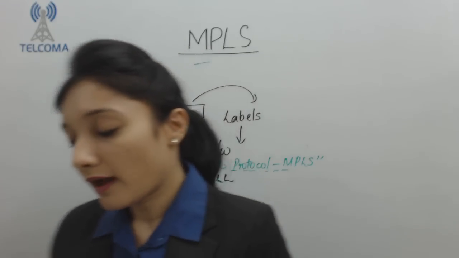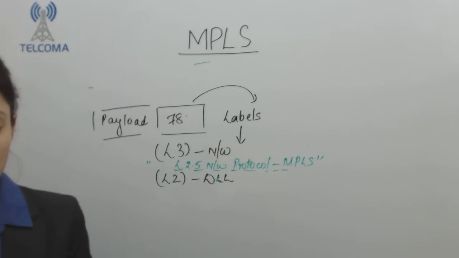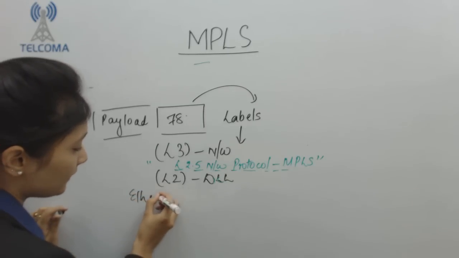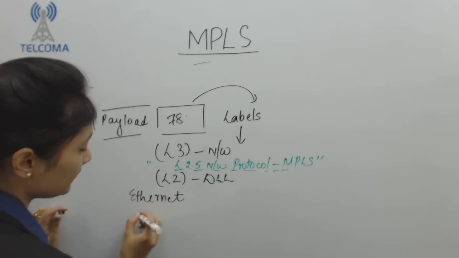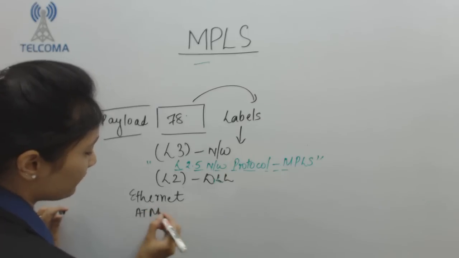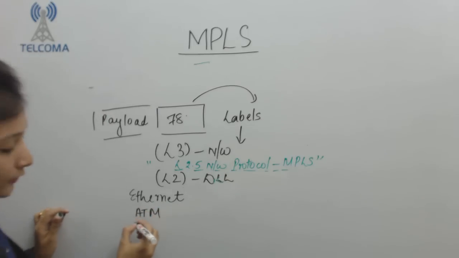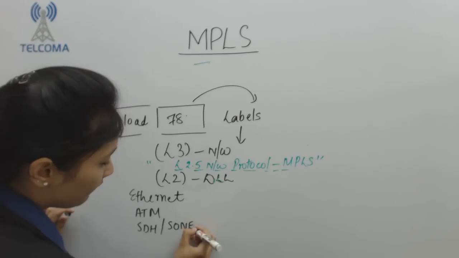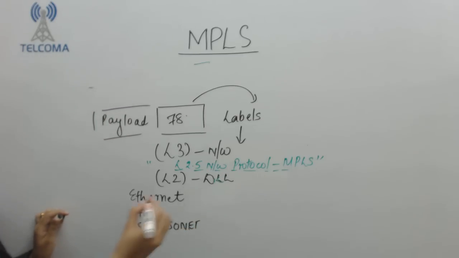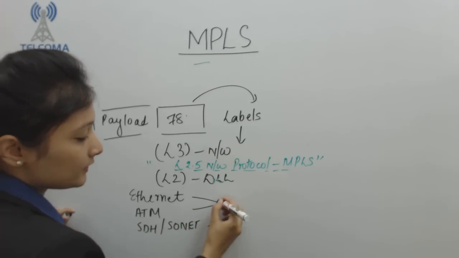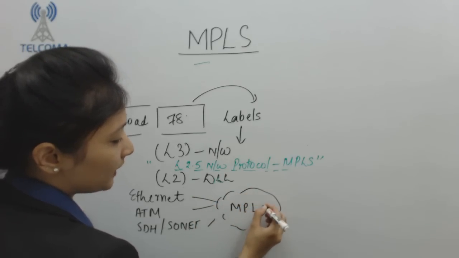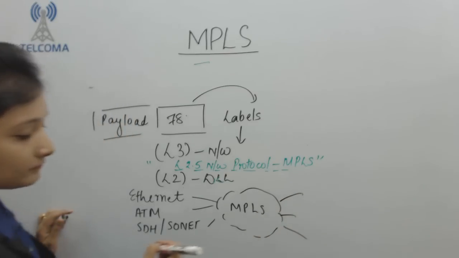For example, if you have technologies like Ethernet, ATM, SDH, or SONET, the MPLS domain will simply map this.